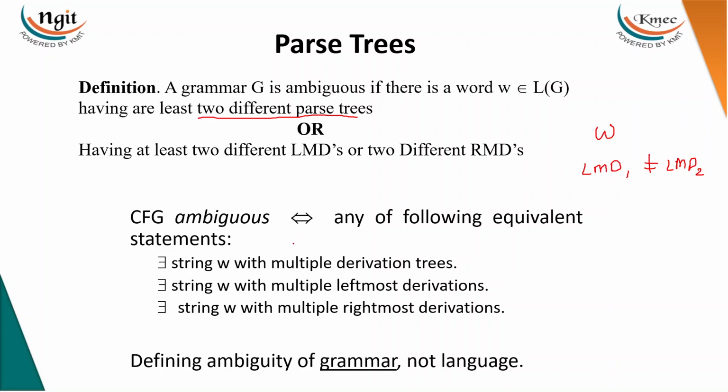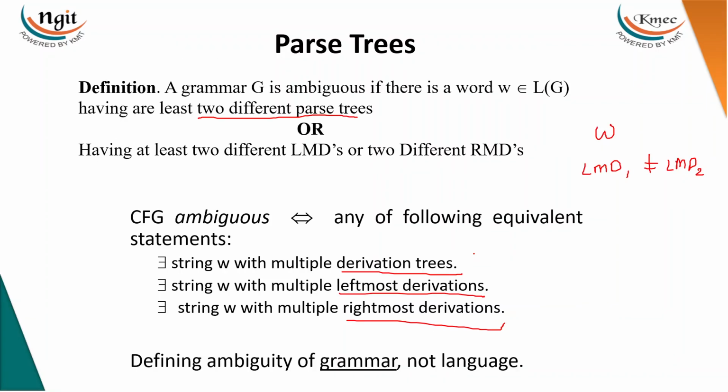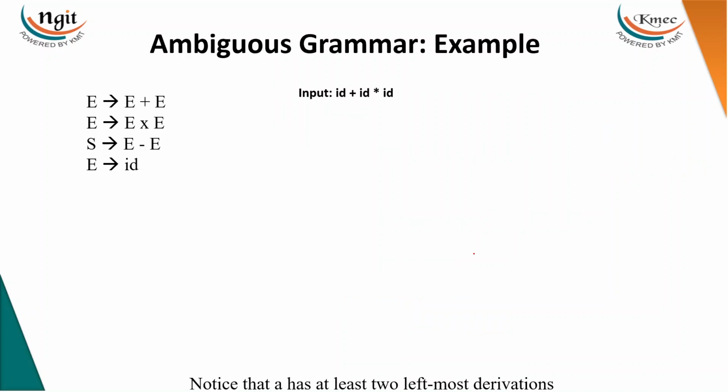Finally, multiple parse trees means ambiguous, multiple leftmost derivations means ambiguous, multiple rightmost derivations means ambiguous. Multiple plain derivations, we cannot say it. So we are defining ambiguity in three ways.